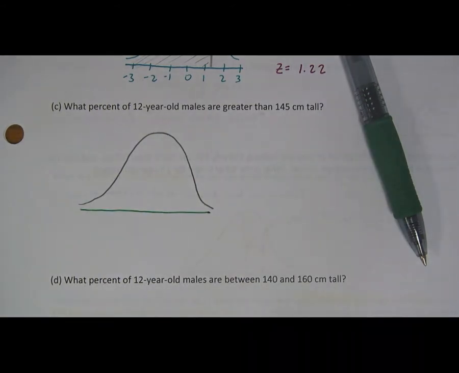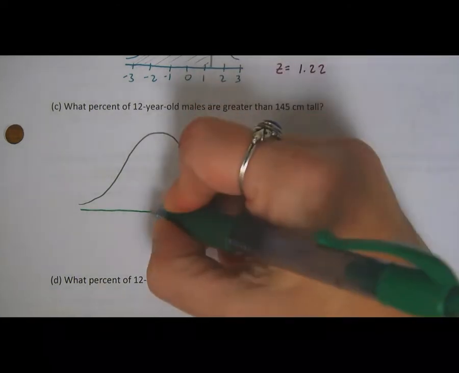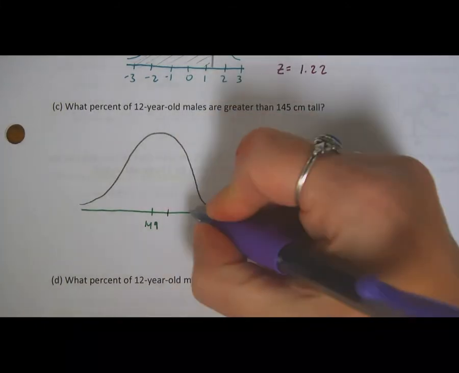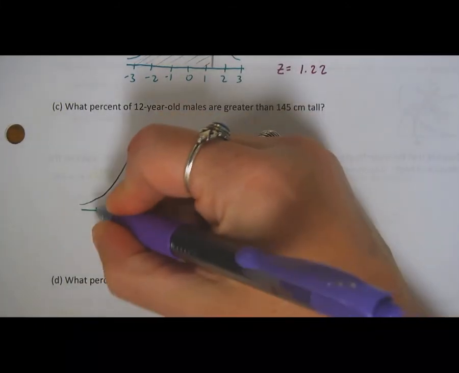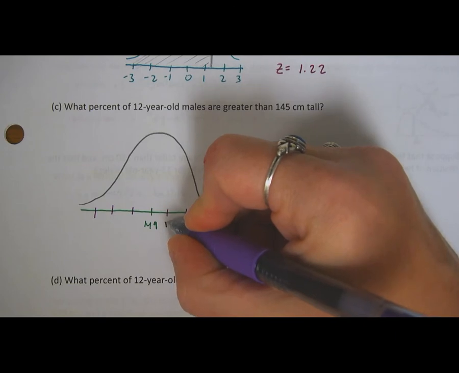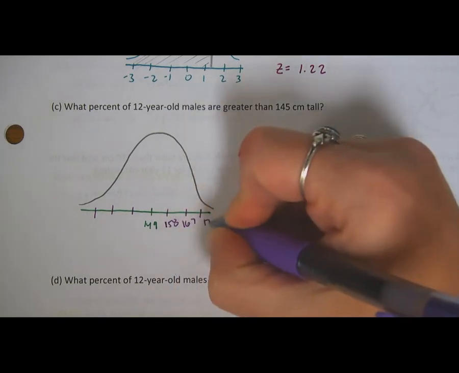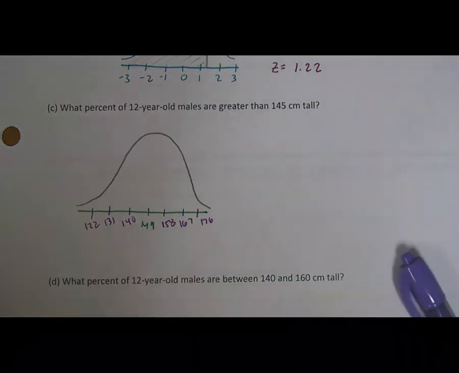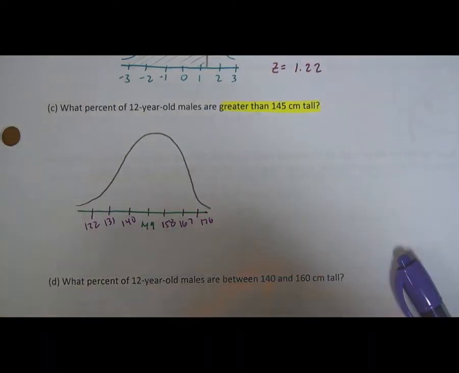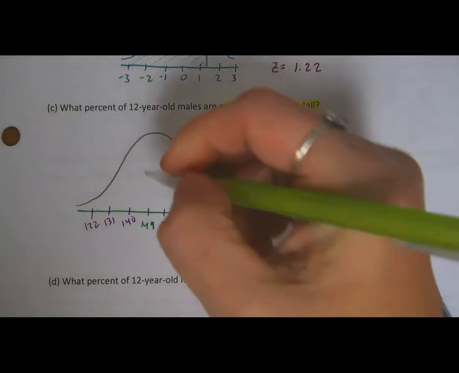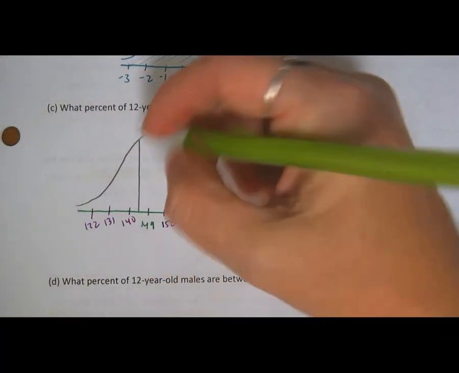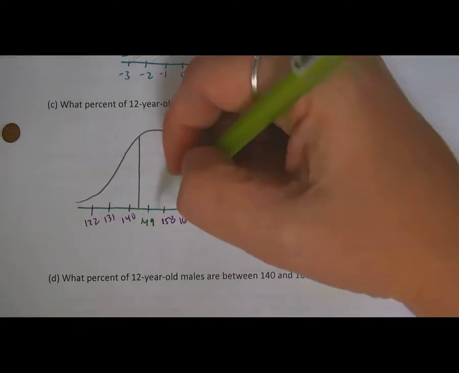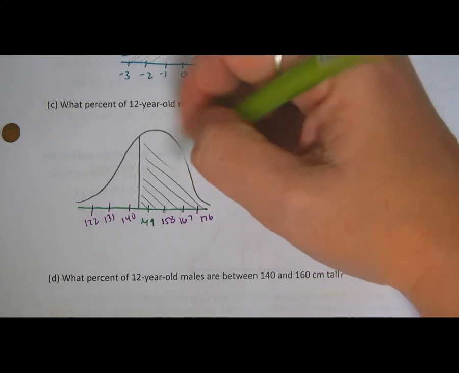Keep trucking along, 8th period, if you think you know what you're doing. Greater than 145 centimeters tall. So I'm starting at 145. The empirical rule cannot help me. Greater than means to the right, taller than that.